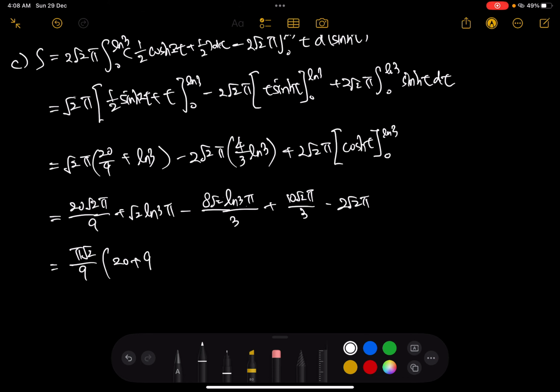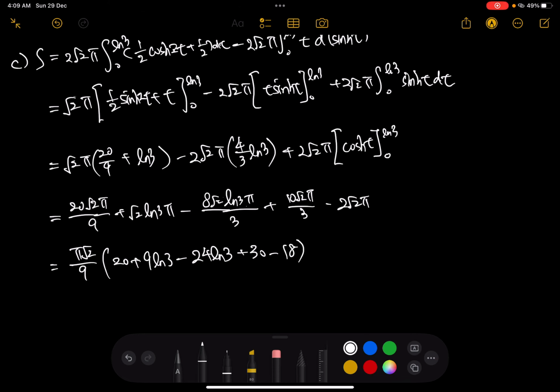So we have 9 natural log 3 here, minus, well, that's a lot. So dealing with all that, we have 24 natural log 3 plus, I believe this one should be 30, and then minus root 2 pi, but then we have minus 18.